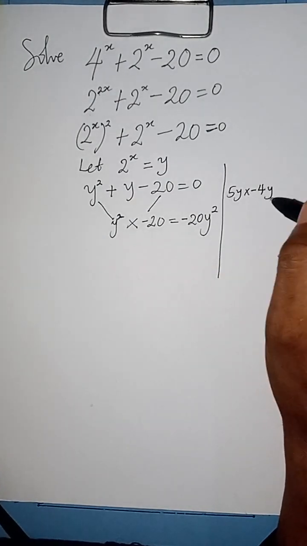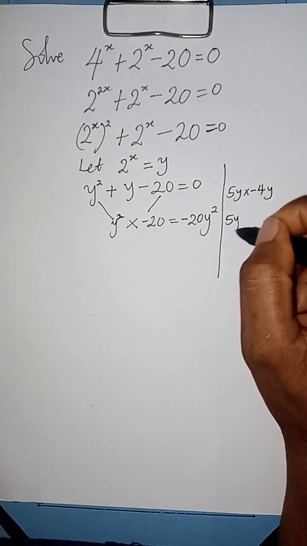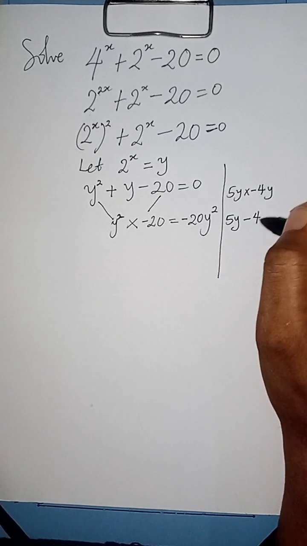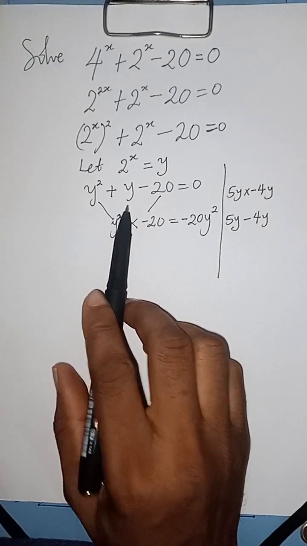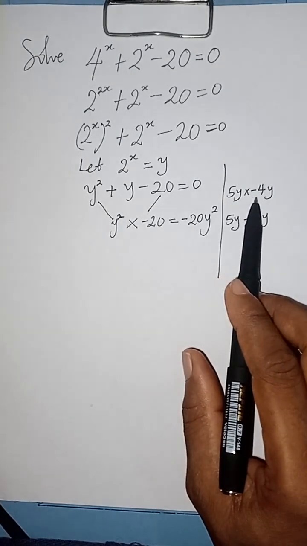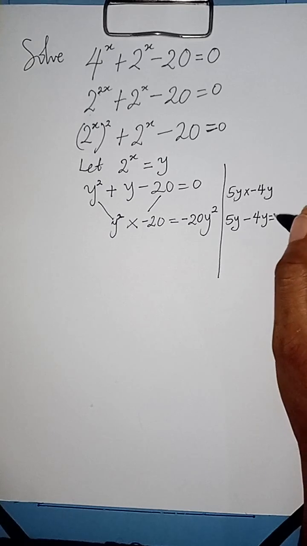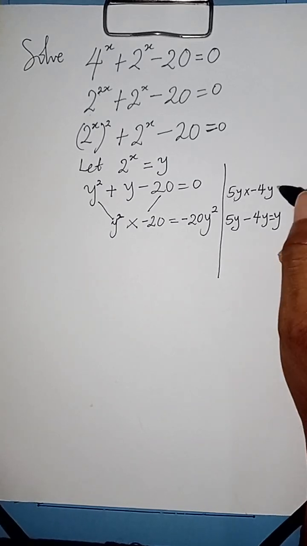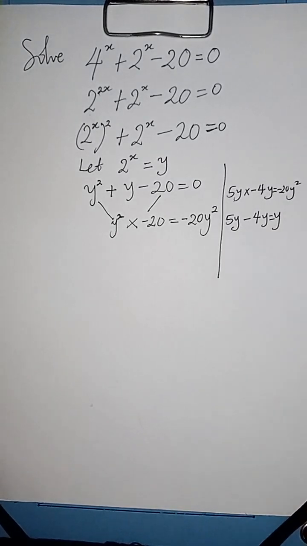If you multiply them, you get minus 20, and if you add them, you get plus y, which is the middle term. So the two terms I'm looking for are 5y and minus 4y. This will give you y, and this will give you minus 20y squared, which is actually what you're looking for.